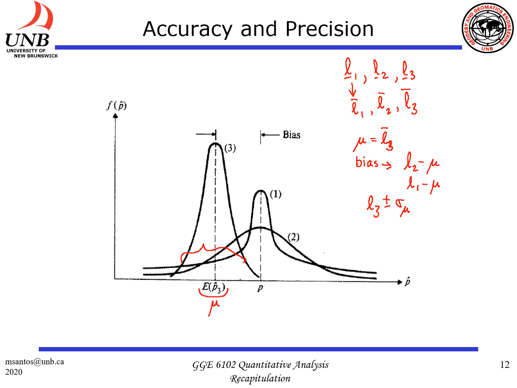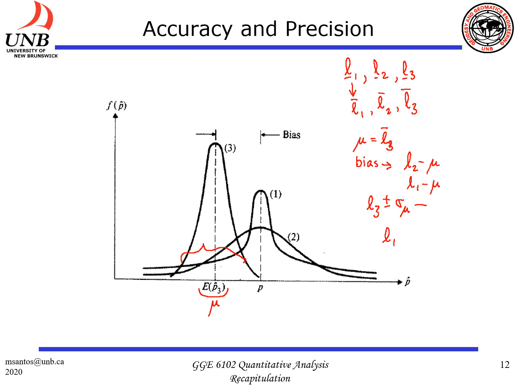What about the spread of observations L1 and L2? Which one is better? L3 has 0 bias, and it has a certain spread. But what about L1?